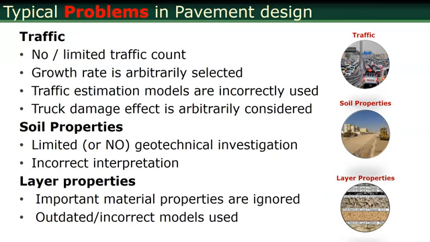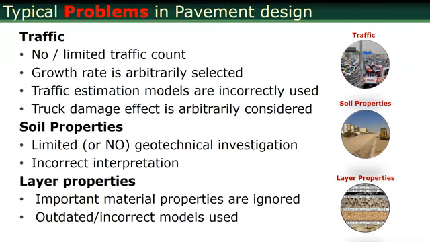Obviously, the designer was trying to increase the layer thickness because the designer was being paid based on it. The higher the layer thickness, the more money the designer would get. It's not in this country, by the way. It's in a different country. So, that was convenient.